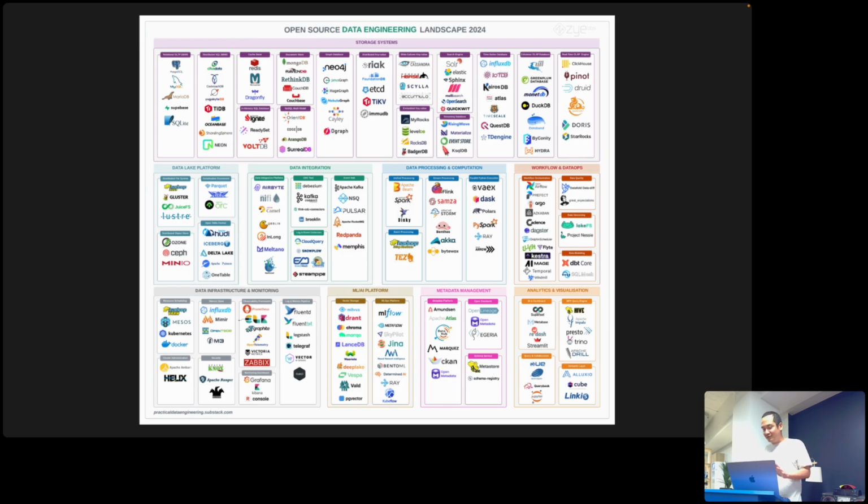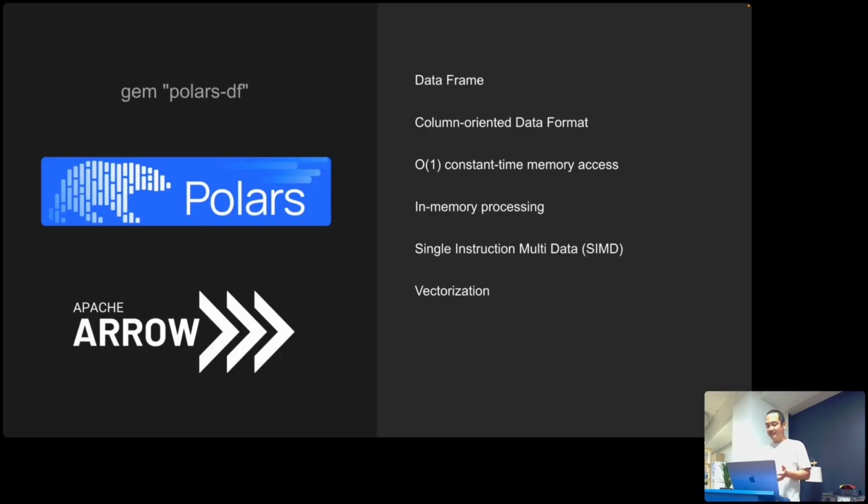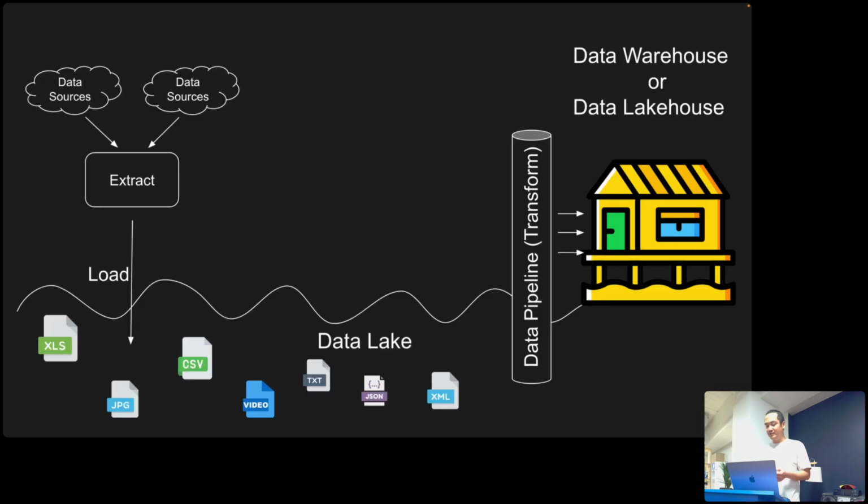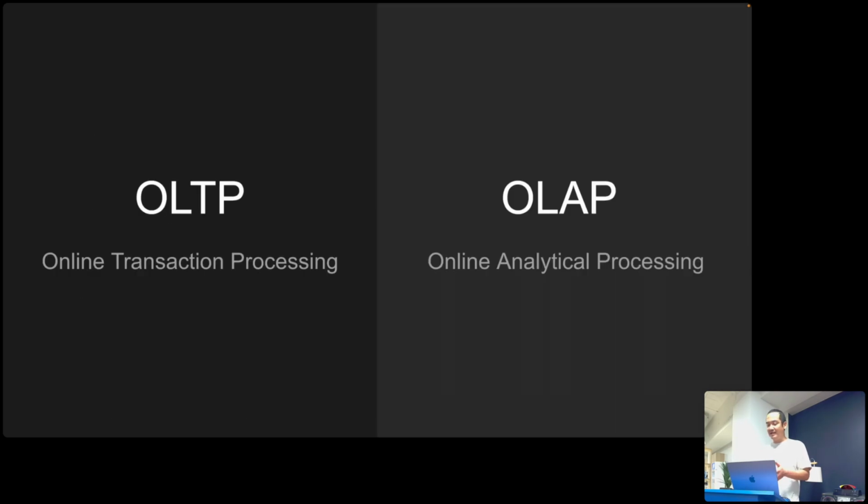But I have never used them, so I don't know much about how they differ from keeping it in your Postgres or MySQL. But there are these new tools, online analytical processing, that use columnar technologies to do faster processing instead of the traditional online transactional processing that we are using.